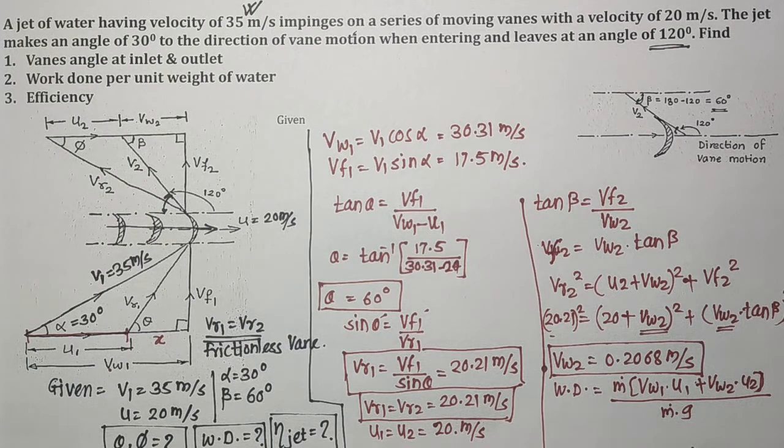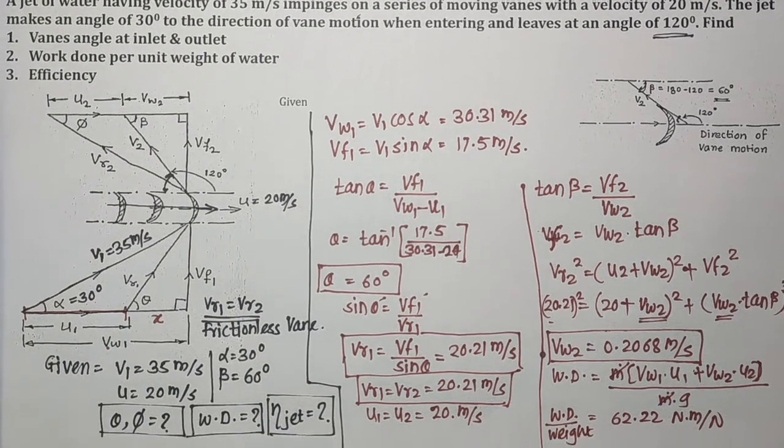So m dot gets cancelled out, and we will get an equation to find the work done per unit weight of water. This is the weight of water, so we will get 62.22 Newton meter per Newton as the work done per unit weight of water. Okay, so this is all about what is available with us.